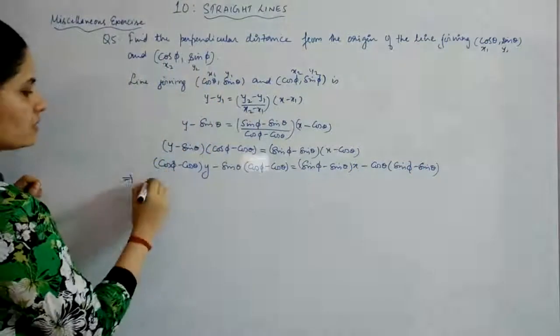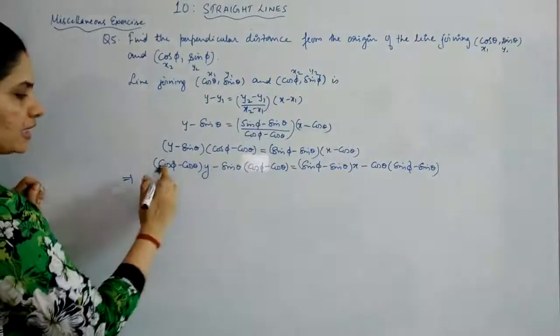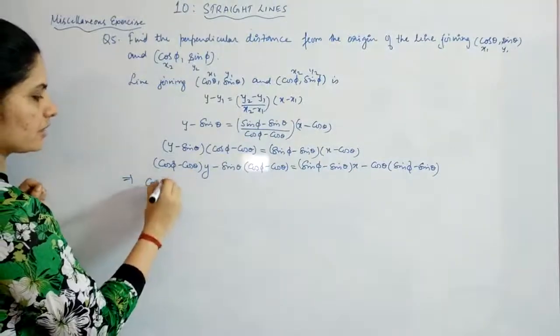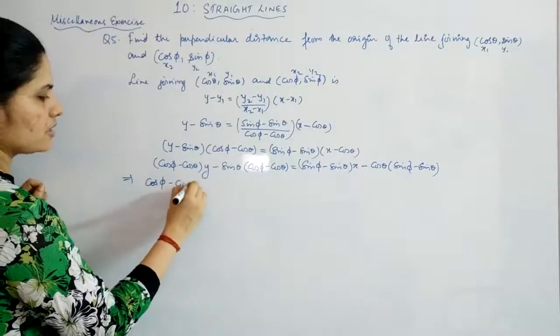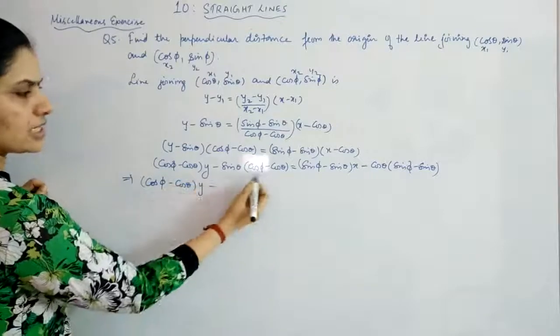So this will give you, again we are not changing or splitting this, that is the coefficient of y taken as cos phi minus cos theta into y. We are just expanding this.